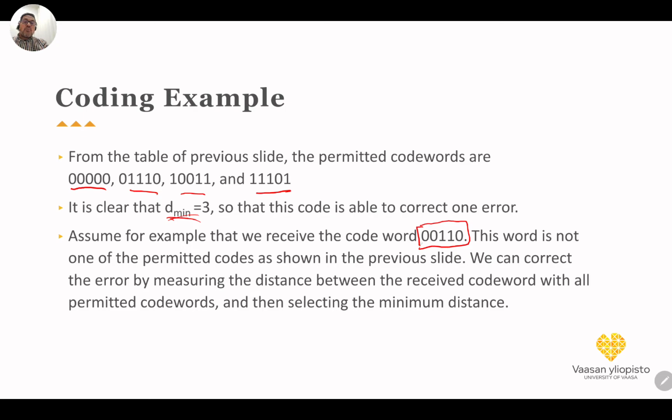By comparing them, you can see the distance between this one and all 0 is 2. The Hamming distance between this one and the second word is 1. The Hamming distance between this one and this one is 1, 2, 3.